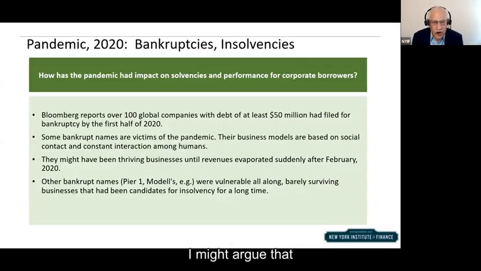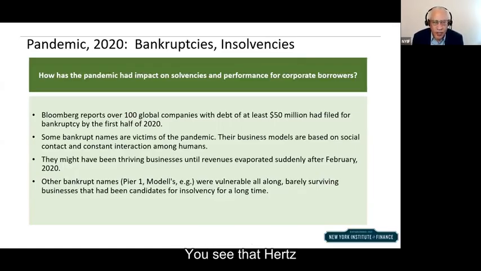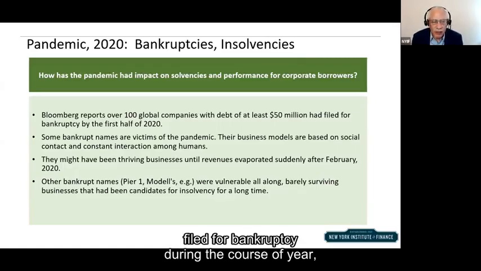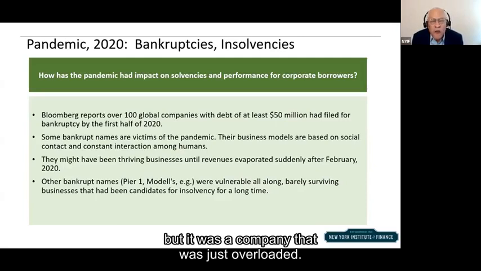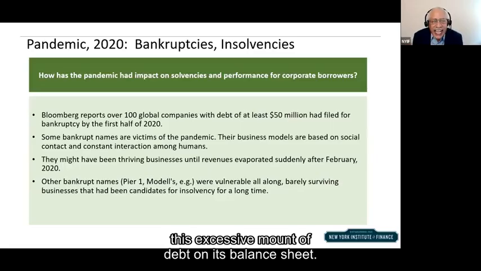I might argue that could be some of the rental car companies. You see that Hertz filed for bankruptcy during the course of the year, but it was a company that was just overloaded. Yes, the rental car industry imploded, but at the same time, it was also a factor of this excessive amount of debt on its balance sheet.